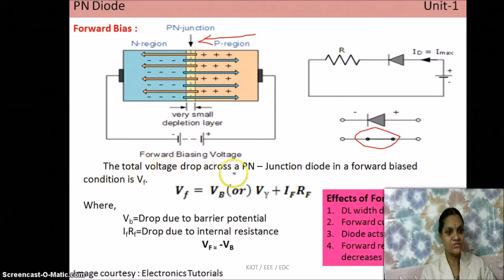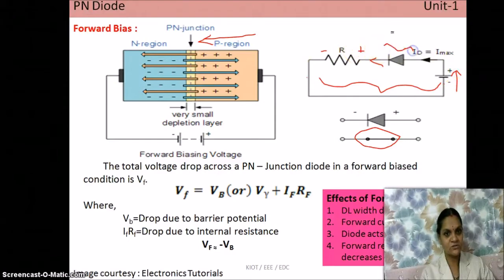And the total voltage drop across the PN junction is given by the following. When you tap the voltage across these two terminals, from here to here, the total voltage is the supply voltage Vf, and this is the barrier potential, and you have a resistance. Current is flowing in this direction, so entering is positive, leaving is negative. So this is a drop. Analyzing the circuit in this direction, this is a rise and this is a drop.